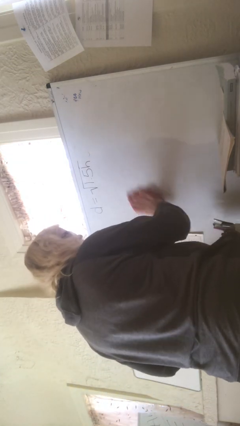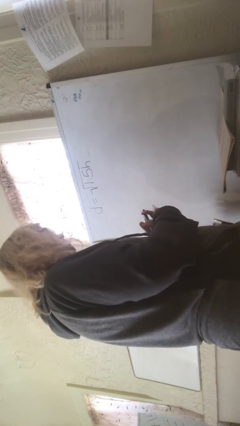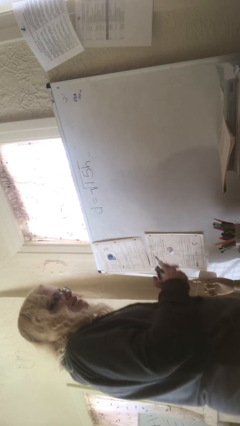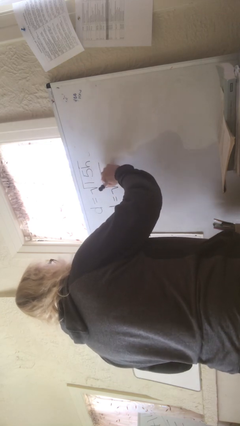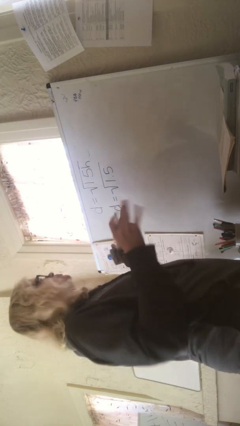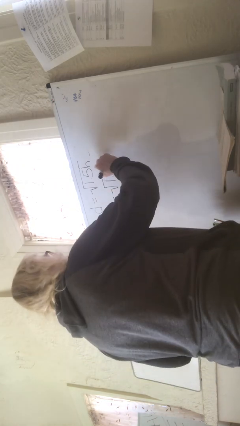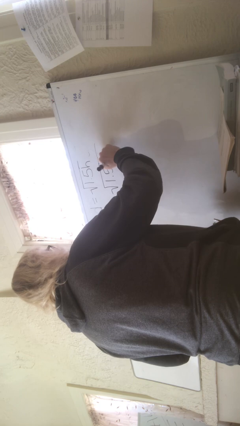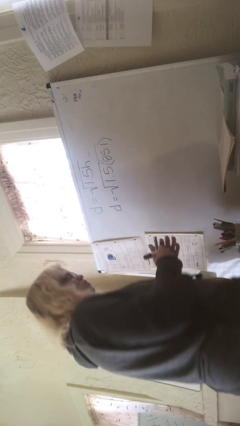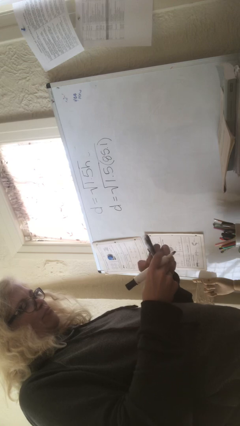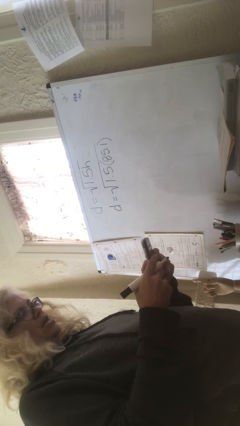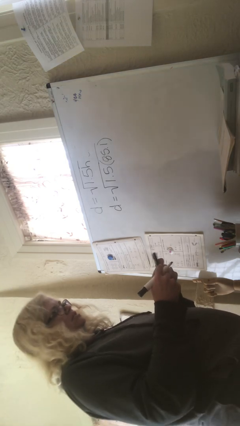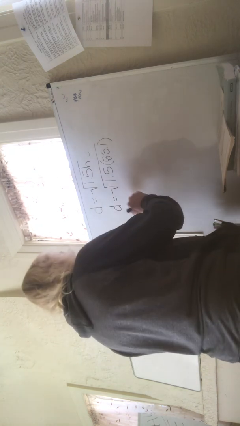Okay, let's do one more of these. The second one on page 11 says, how far away would the horizon be if you were standing on top of an 80-foot tower? And then it says, remember to add the height of your eye to the tower's height. So the distance is what we're trying to find. I said before that my height was 5.1 feet, so we'll stick with that, plus the 80-foot tower. So it's going to be 85.1. Okay, so I'm just going to multiply 85.1 times 1.5, and rounding to the nearest tenth, I got 127.7.